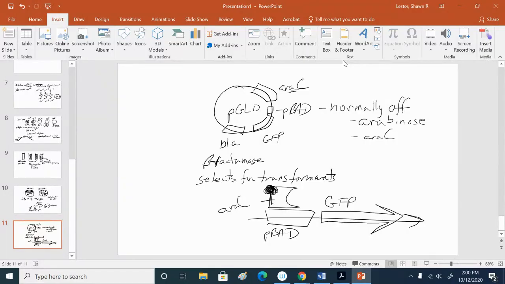This turns it on, and so now RNA polymerase can hop on and start transcribing GFP. So you need two things to turn on PBAD: the araC protein, which the bacteria are making, and the arabinose sugar, which has to be provided to them. Together they bind to PBAD, turning it on, and RNA polymerase can transcribe the green fluorescent protein.